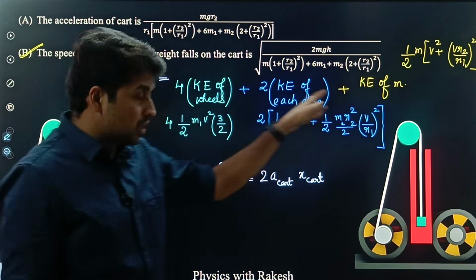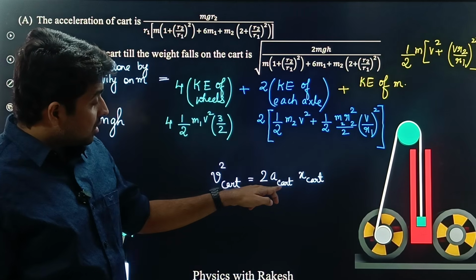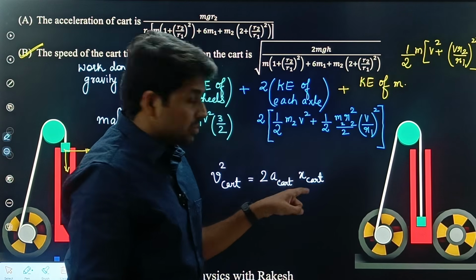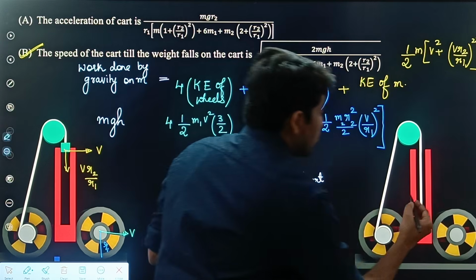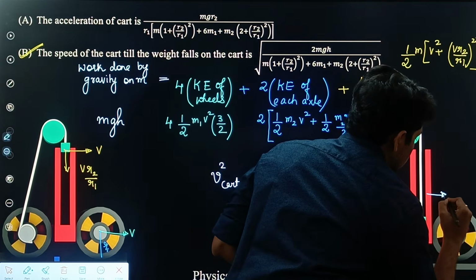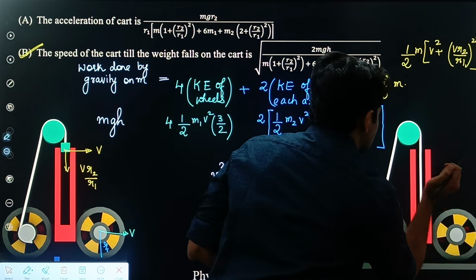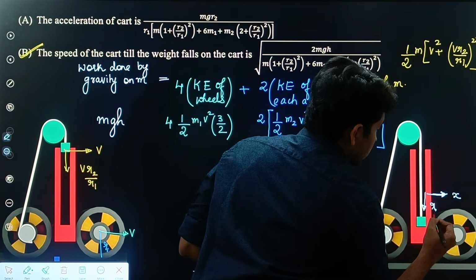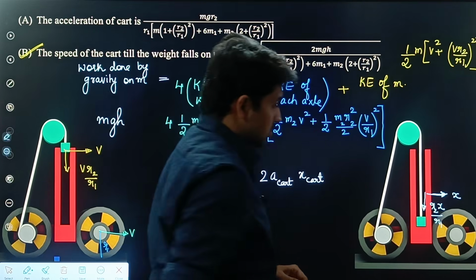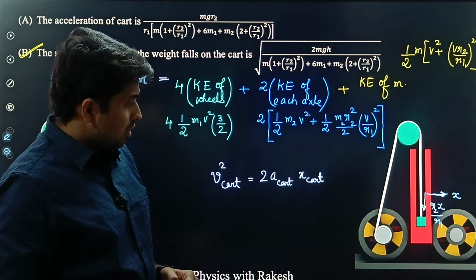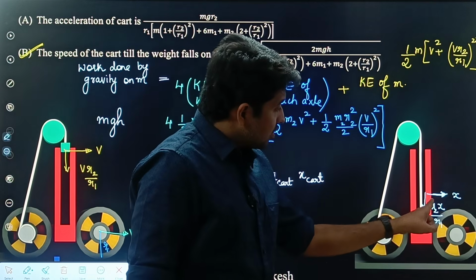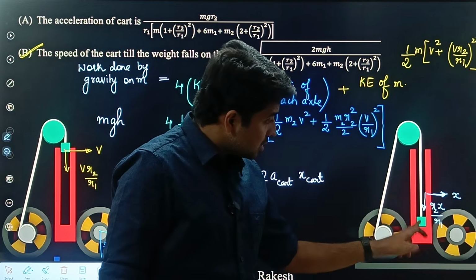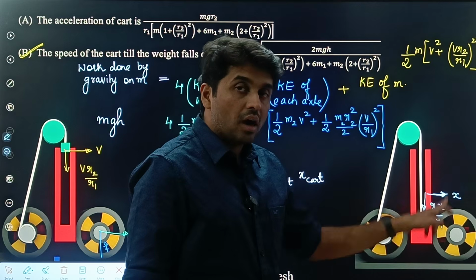We need to find the acceleration of the cart, so we want the displacement of the cart. We have seen that if the cart moves by x, the mass moves down by x r2 by r1. Or if this comes down by h, how much would the cart go? Tell me. r1 h by r2.